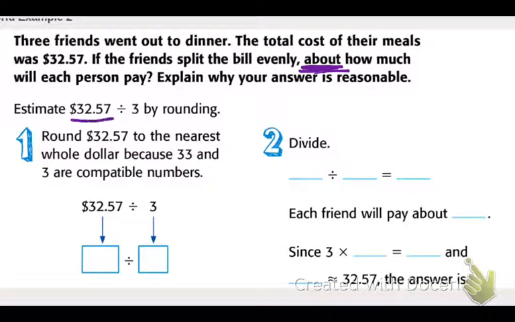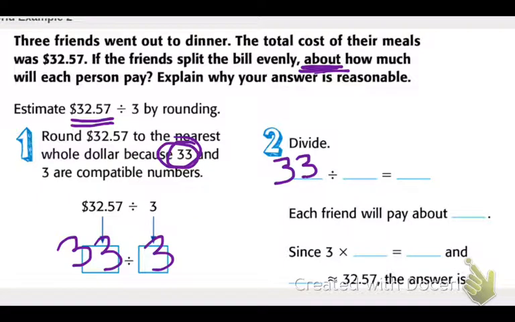Well, $32.57. We can go ahead and estimate or round that to 33. Why 33? Well, I'm dividing it by 3 people, and I can do that mental math. So after I estimate $32.57 to $33, I can go ahead and divide.